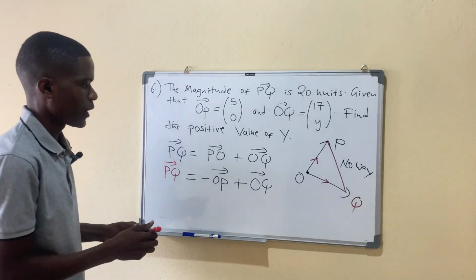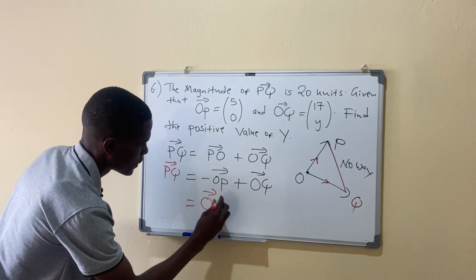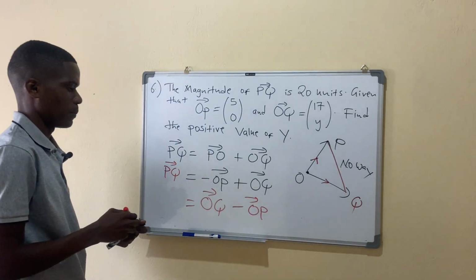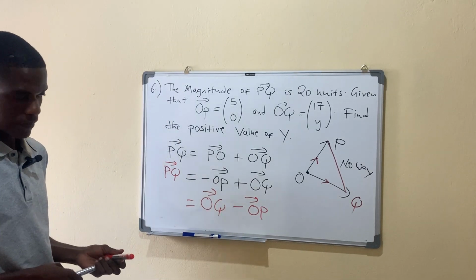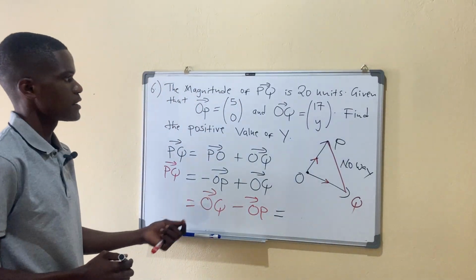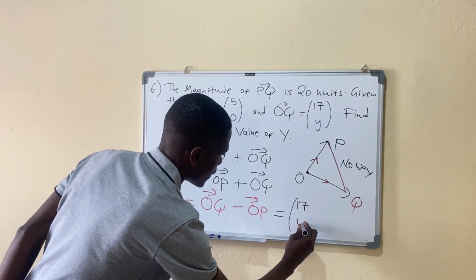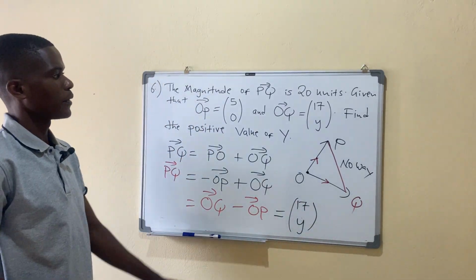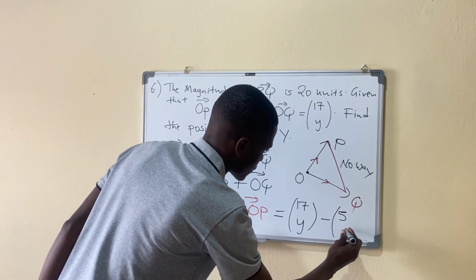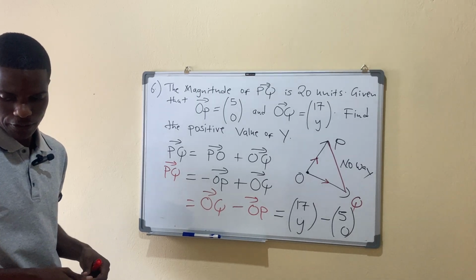It is better to write it by starting with a positive one, which is OQ, and then you subtract the negative one, which is OP. At this point we can just go on and substitute. Our OQ is (17, y), and our OP is (5, 0).